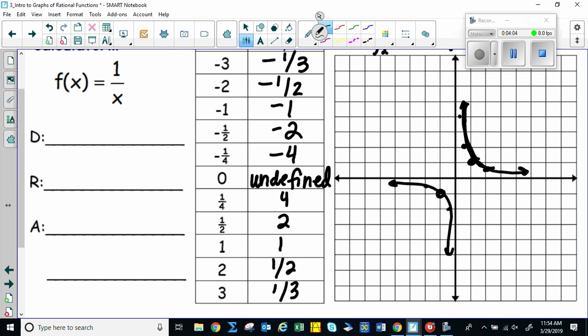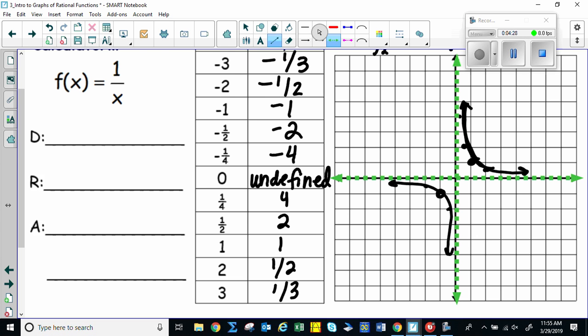So I'm going to have these 2 curves, okay, that approach each axis but don't cross or touch. We do have asymptotes here. We have 2 asymptotes. We have one horizontal asymptote and one vertical asymptote. For the parent function, the asymptotes are the axes.